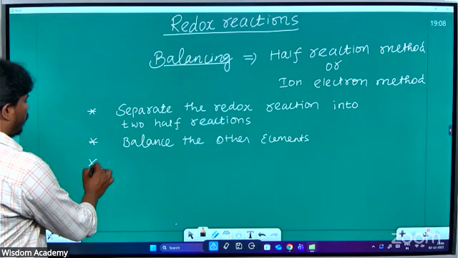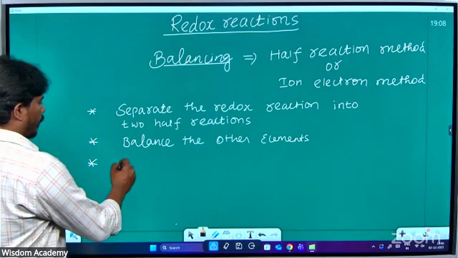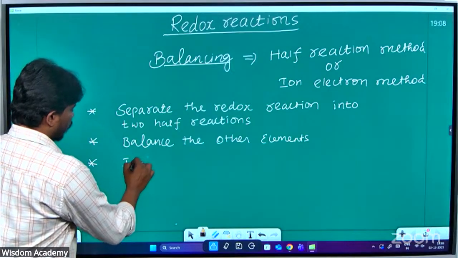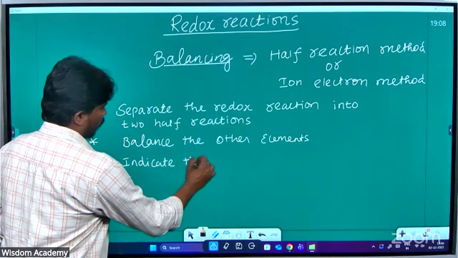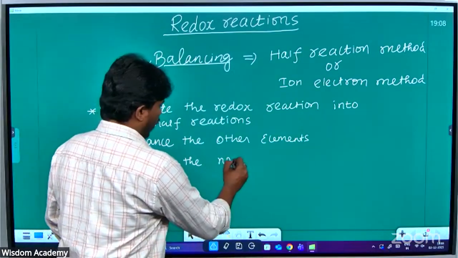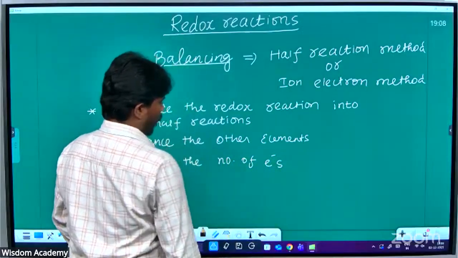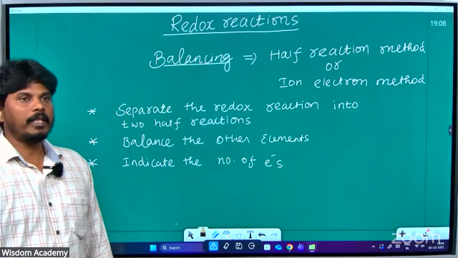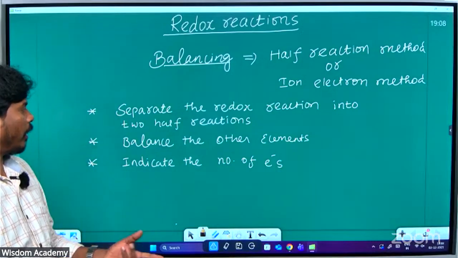Step 3, this is a very important step, is identify or indicate the number of electrons participated in both half reactions. Indicate the number of electrons participated in each half reaction.